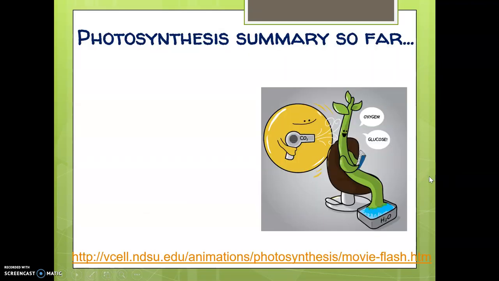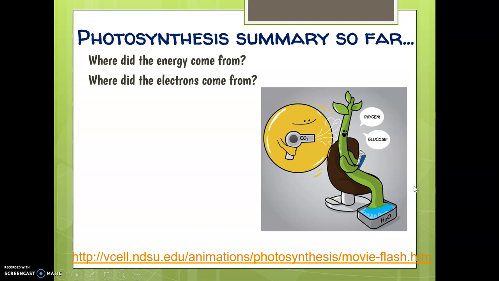Okay, so photosynthesis summary so far, I want you guys to think of where did the energy come from? The sun, okay? Where did the electrons come from? We take that light energy and the chlorophyll breaks it down and releases an electron and then takes one from when we're making the oxygen.